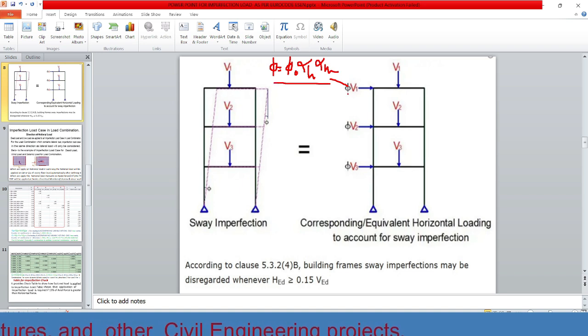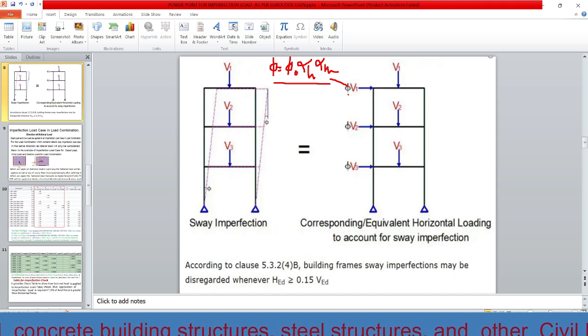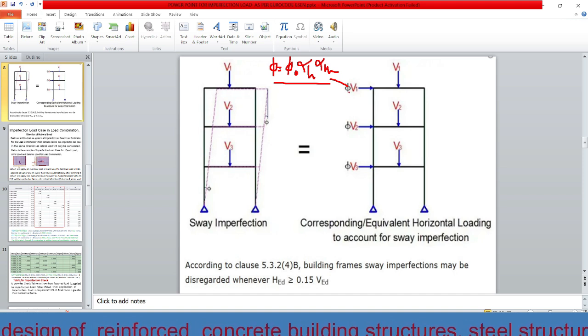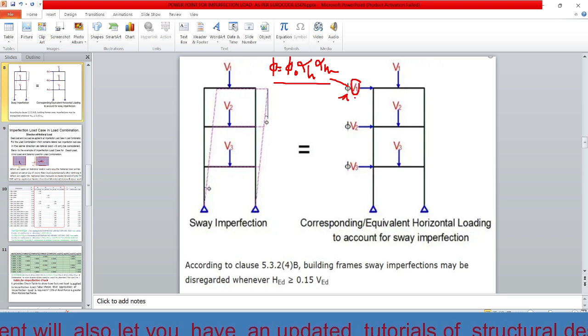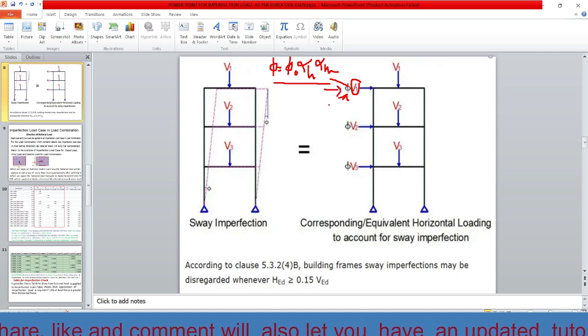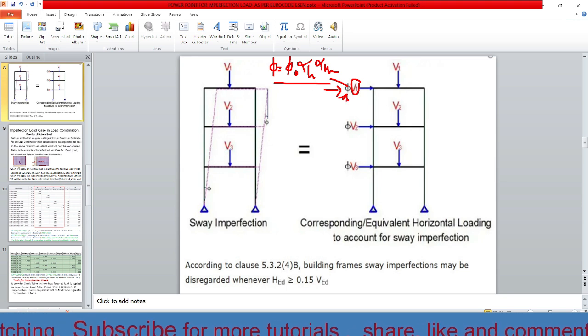So after calculating phi, we can multiply the story gravity force with this value in order to obtain the story lateral forces. That means the equivalent horizontal forces.